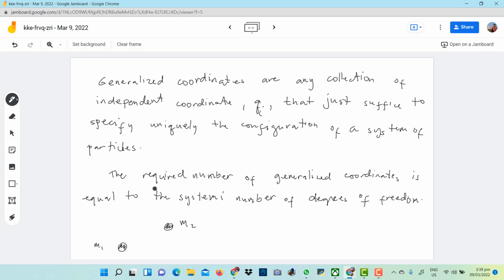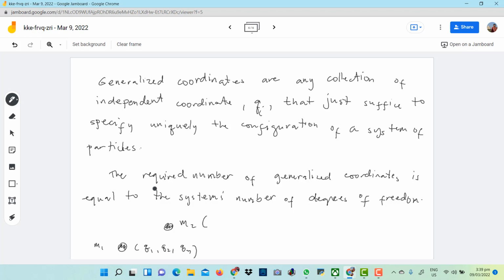In Cartesian, I'll just generalize: q1, q2, q3 for M1.